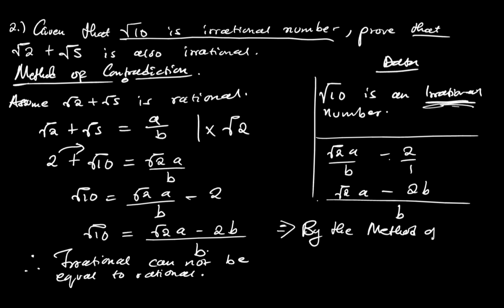Remember, we were proving root 2 plus root 5 is also irrational. Just like that, once you solve, you can always walk out of the exam room or the test room timing as a guy. But anyway, let's move on to question number 3.